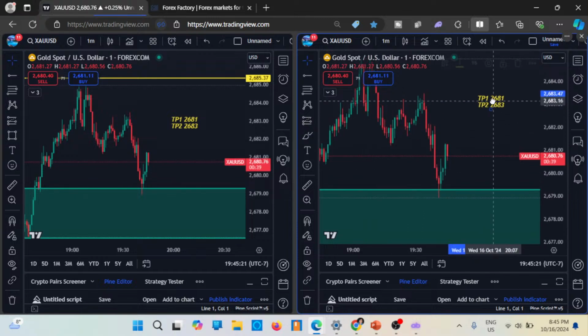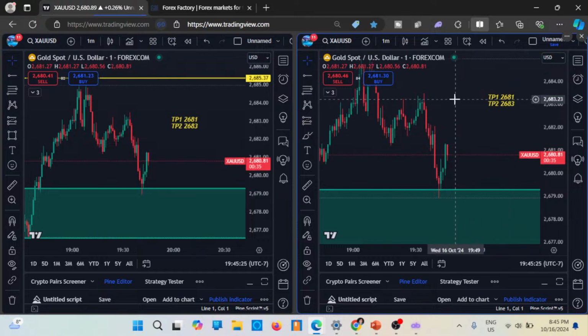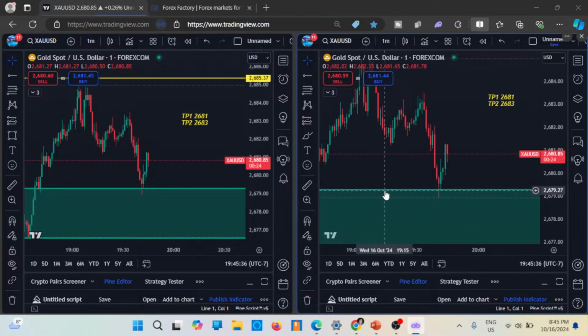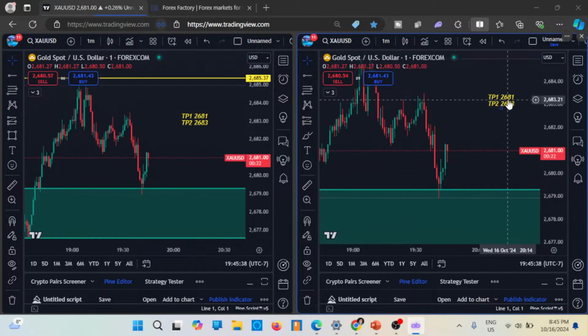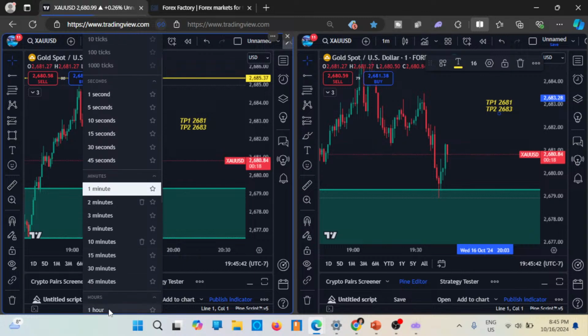Okay, so TP number one was at 2681, which just got hit. Second TP is at 2683. Okay, and then I forgot to set the stop loss here. Let me just write it down for you guys.